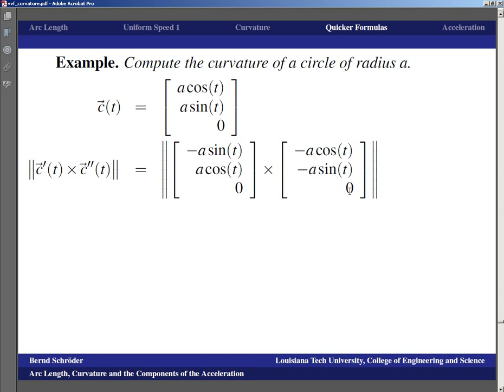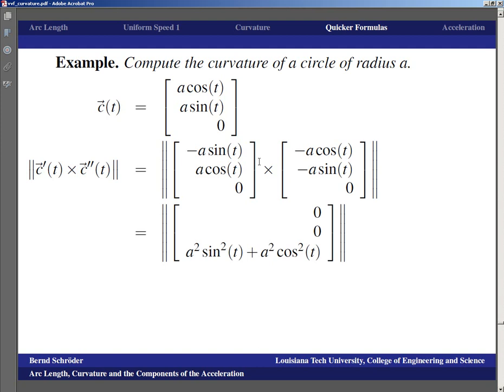And now we work out the cross product, and there's something very nice happening here, because the first component is what you get when you blot out the first row and then cross multiply the second and third. Well, that's just products that involve 0, so the first component will be 0. Second component, same story. You blot out the second row, cross multiply, you get a bunch of zeros. So the only thing we really are interested in is the third component, and the third component will blot out the third row.